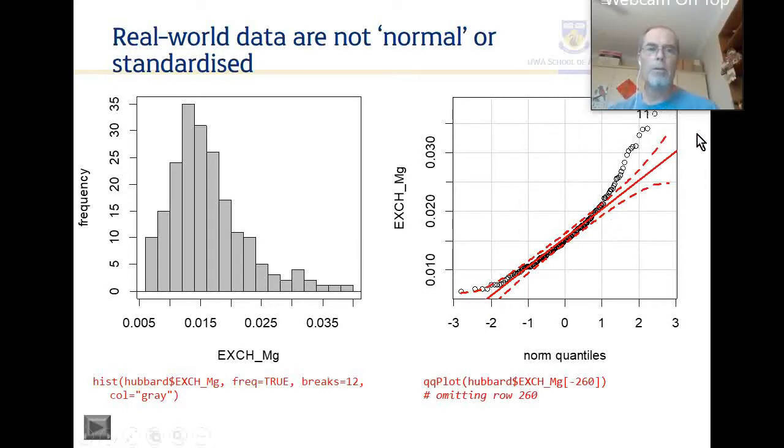And again, that deviation is seen at high values of exchangeable magnesium corresponding to this tail on the histogram. So we can run those graphs as a graphical analysis of distributions in R using the car package, of course, for the QQ plot.